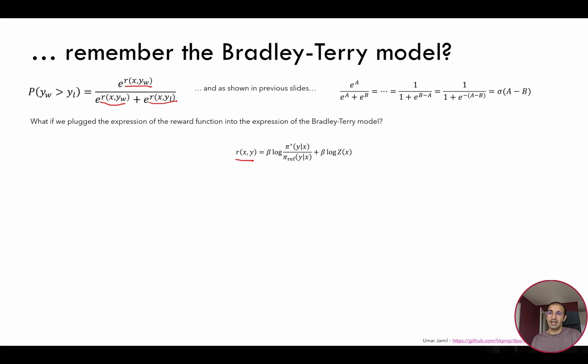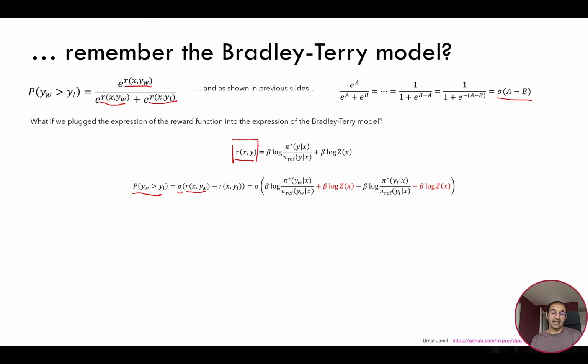So if you remember, the Bradley-Terry model can also be written as a sigmoid, and we proved it before in the previous slide. So the Bradley-Terry model can be written as a difference of rewards in the sigmoid function. If we plug the reward here, so the reward obtained by the constraint optimization problem solution, we will see that the two z of x terms cancel out, because this is a difference of rewards.